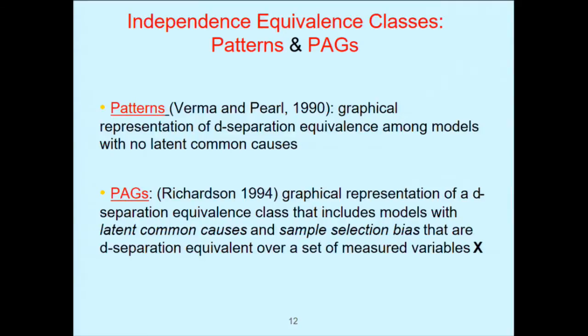And what you're looking for now is a set of models that are d-separation equivalent over the variables you've measured. So if nothing you could measure could tell these two models apart, then they're d-separation equivalent over the measured variables. And that's kind of the key idea.